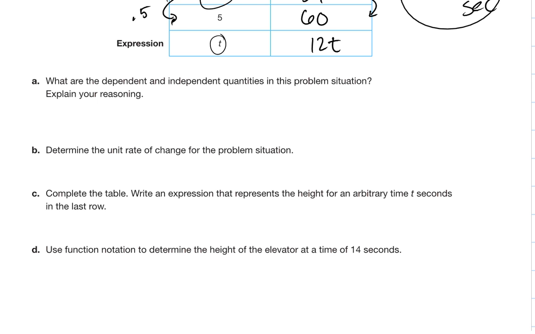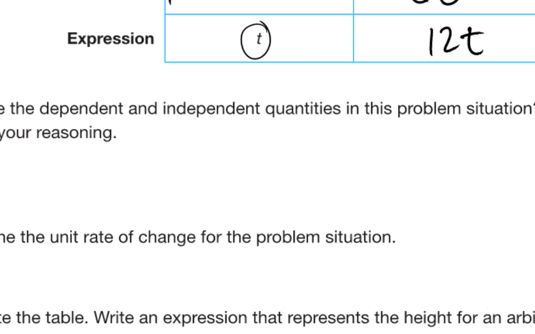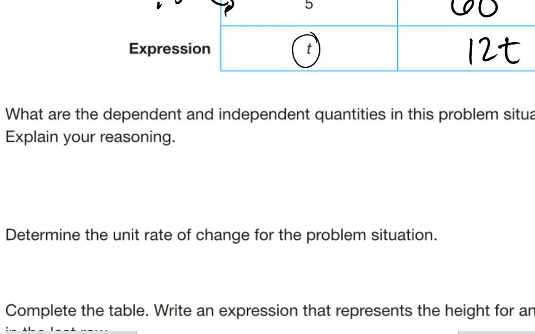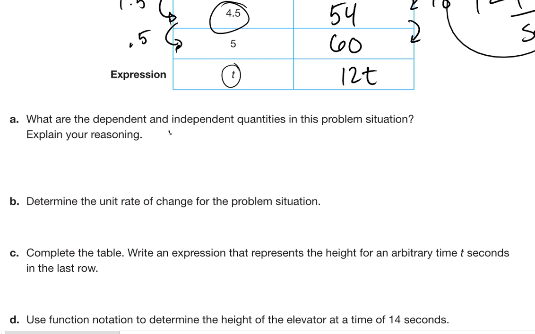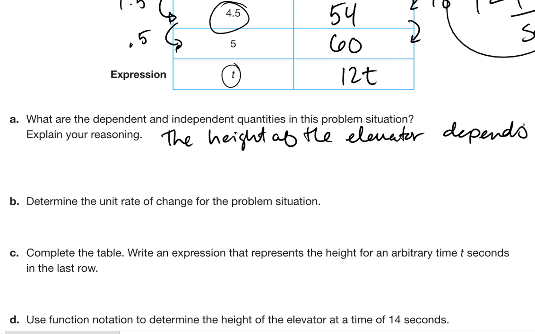So let's move down here a little bit. Down below it says, what are the dependent and independent quantities in this problem? Well, I think I discussed it, but to me, and I could probably make the case for another situation, but to me, the height of the elevator depends on how long it is traveling, or the amount of time.